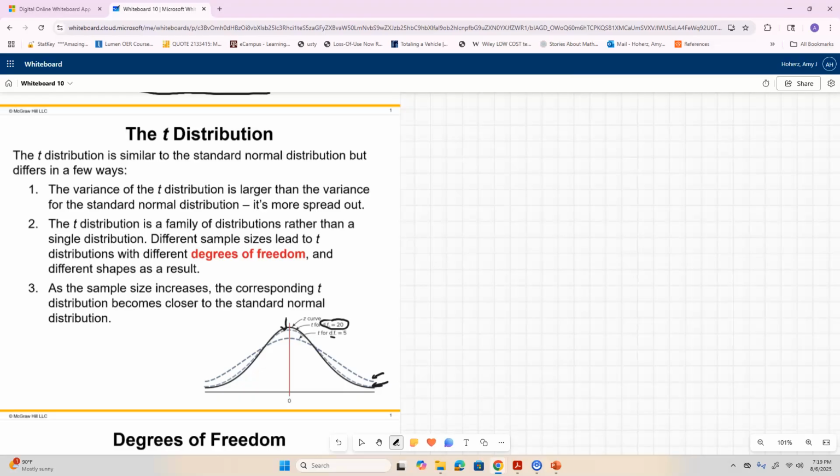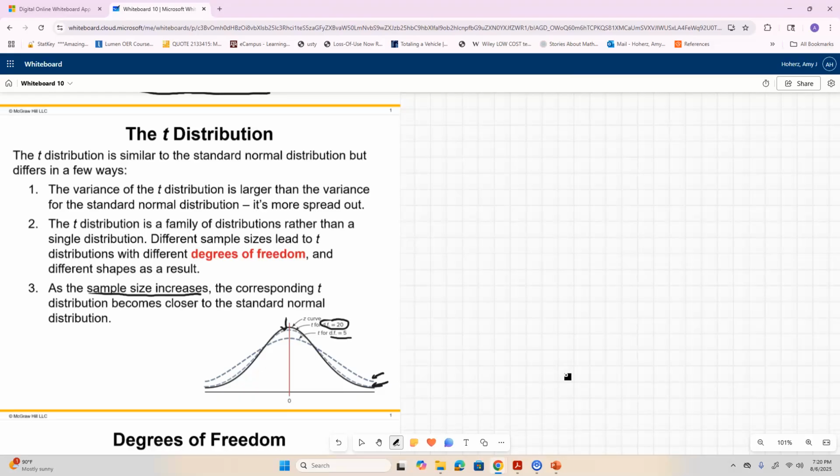And the one that has DF equals 5 indicates that we have a smaller sample, and that one's further away. It's flatter and even more spread out, I'm sorry, larger standard deviation. But as that sample size increases, the T distribution does get closer and closer to being the same as the Z curve, the standard normal distribution.